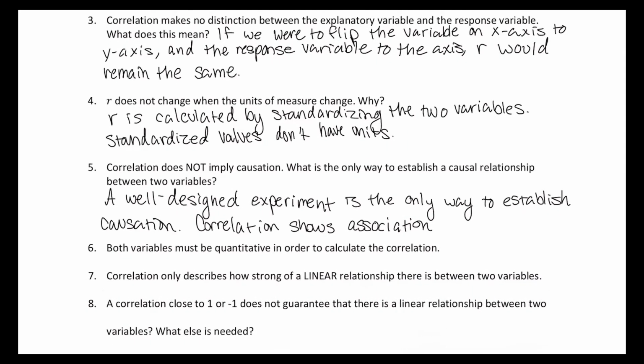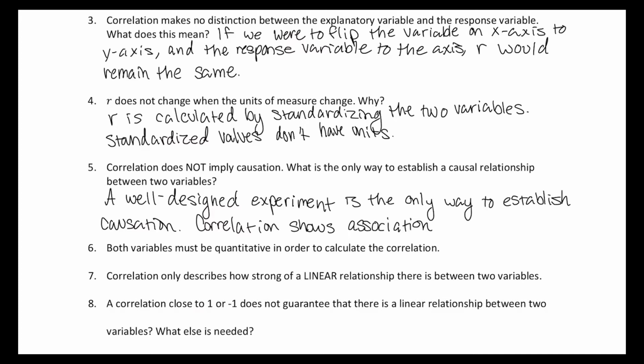Number 6 here, both variables must be quantitative in order to calculate correlation, because we need to be able to graph those things on an x and a y axis. They must be something numerical. And correlation only describes how strong of a linear relationship there is between two variables.